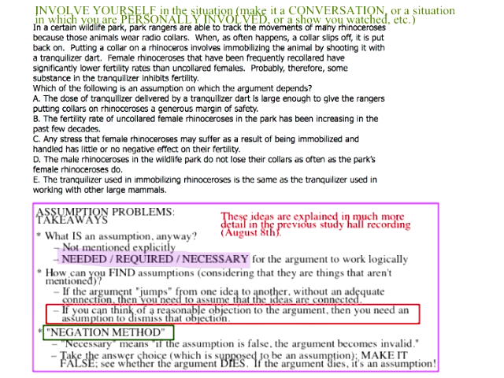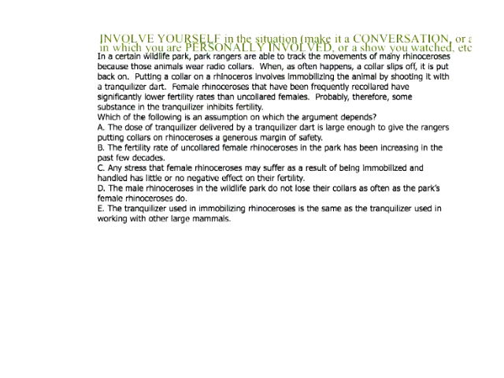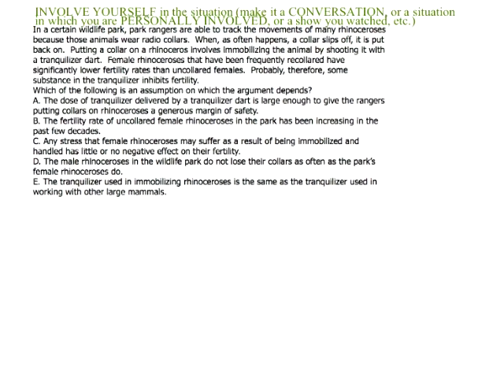So here's another page. Okay. So the deal here is, let's just simplify what's going on. You've got these radio collars, and they fall off a lot, they put them back on, and basically to put the things on the rhinos, you have to immobilize the rhinos, you have to tranquilize them, give them morphine or whatever.